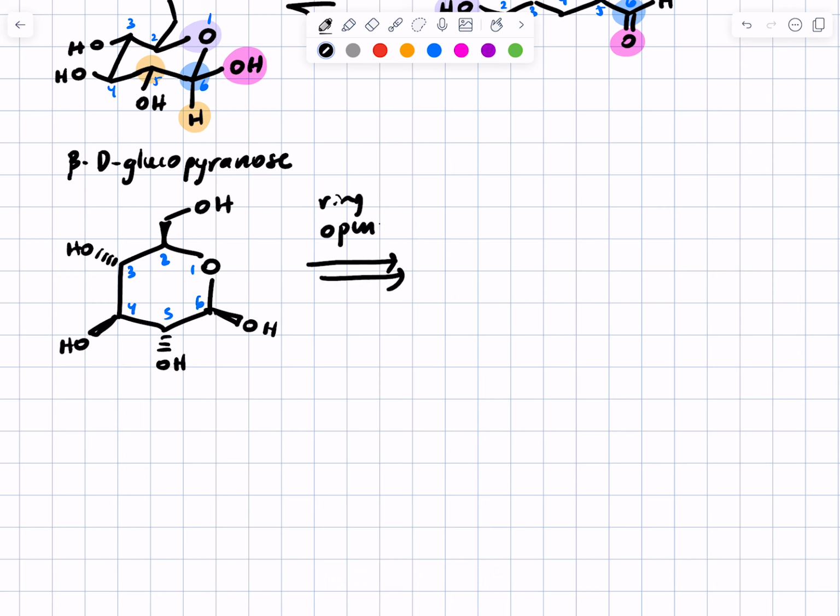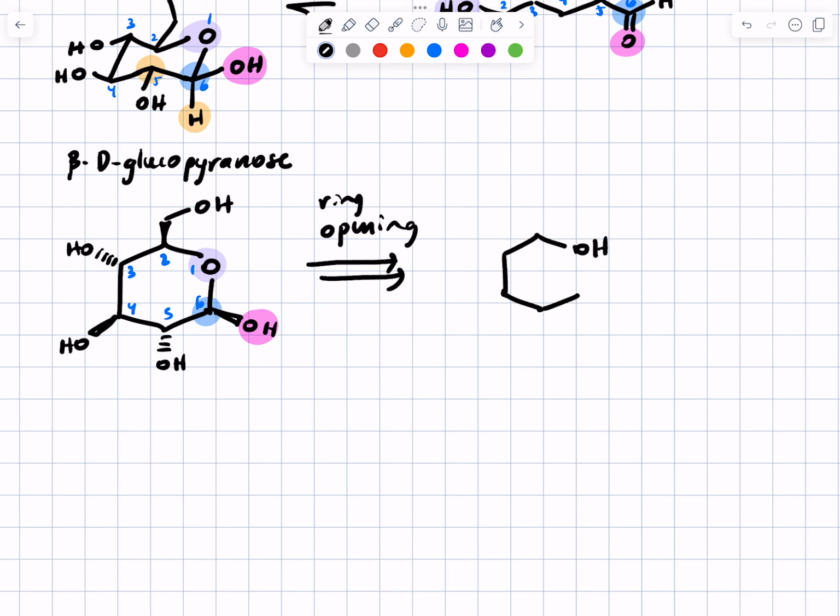I found it useful to do the ring opening while drawing the molecule in exactly the same way. Just to review, hemiacetal opening, this is our OR group. This is going to become the carbonyl oxygen. This is the carbonyl carbon. So you're going to redraw the molecule in exactly the same way.